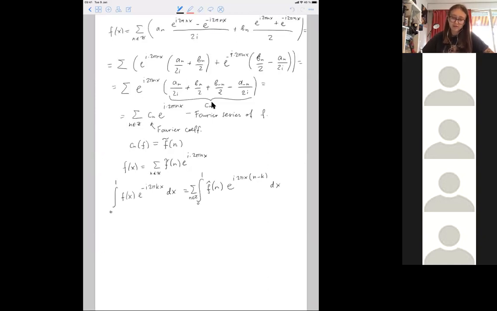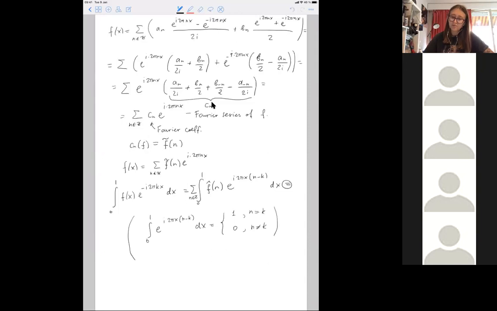To solve this, we need the following fact, which is very easy to prove: the integral from 0 to 1 of e to the power i 2 pi x (n minus k) dx is equal to 1 if n equals k, and 0 if n does not equal k.